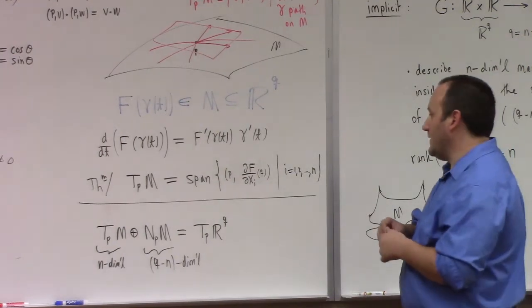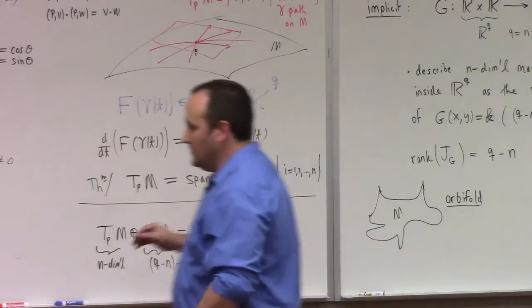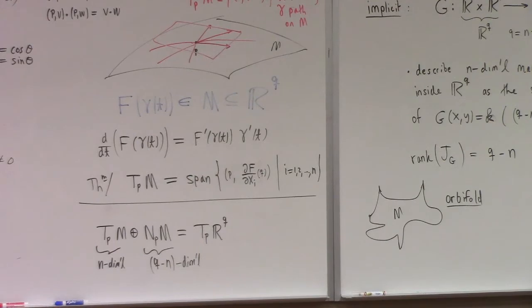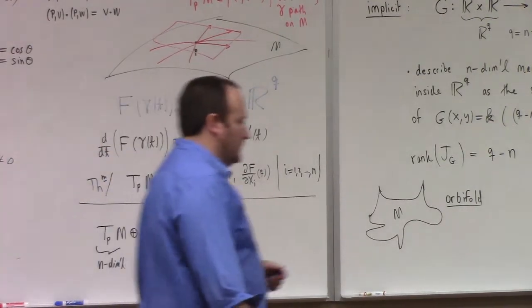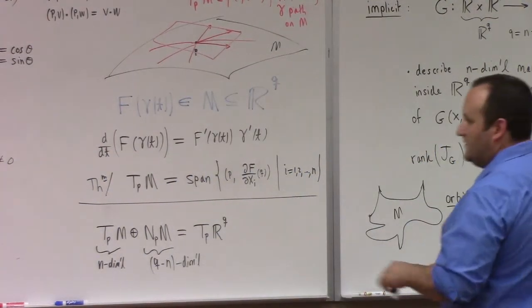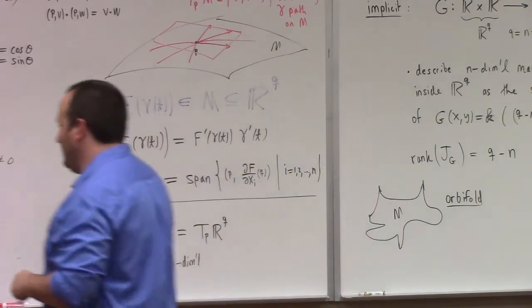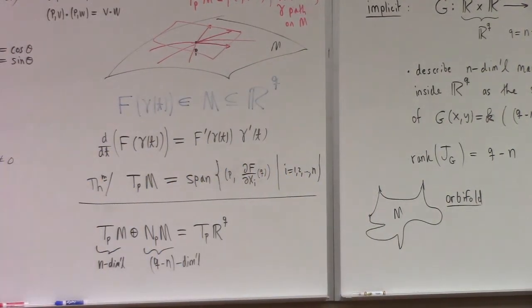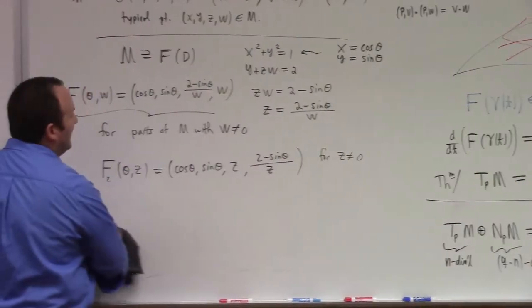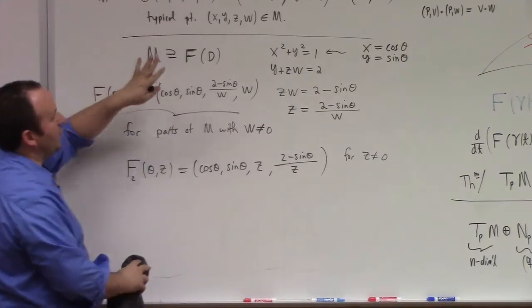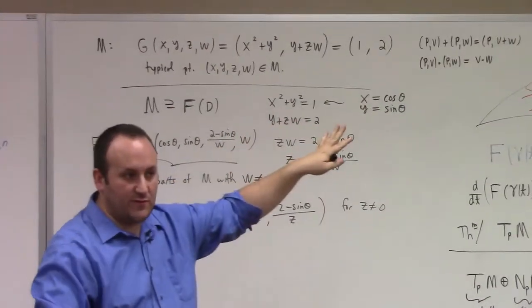And the beautiful thing is, let me show you explicitly. We can pick a point. So you guys have to give me a good point on this manifold that I have explicit formulas for.